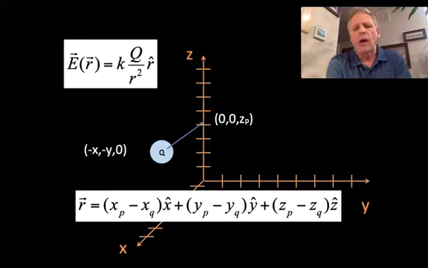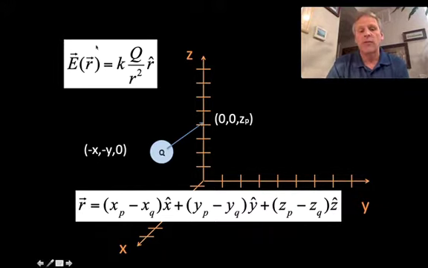So this vector r going from the charge to the point P, you can write it like this. And I would actually like you to convince yourself that this is true. If x sub q, y sub q, and z sub q are the coordinates of the charge, and x sub p, y sub p, z sub p are the coordinates of the point at which you're measuring, what I'd like you to make certain you understand is that this expression right here gives us this vector right here.